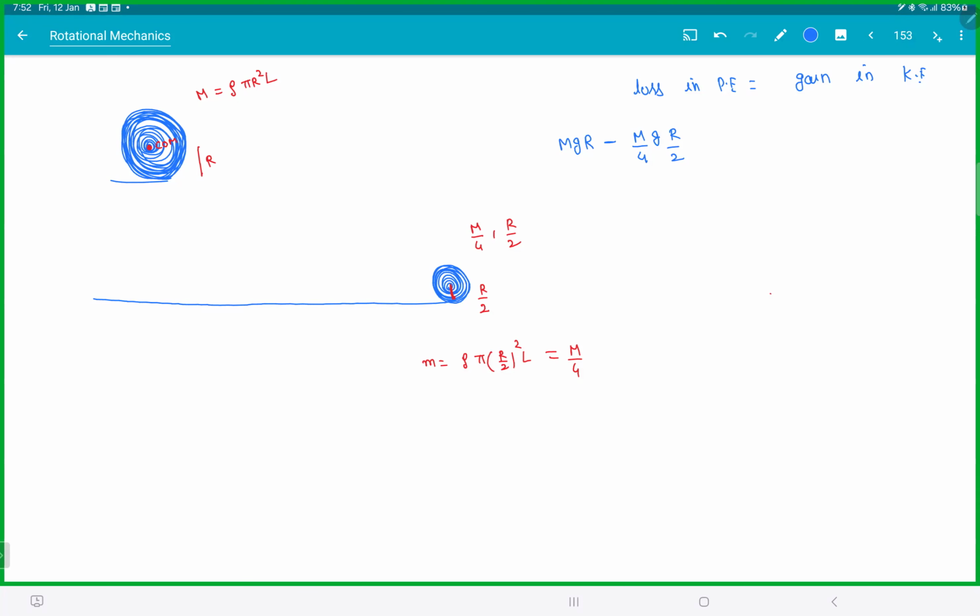So mgr minus m by 4 g r by 2 is equal to half into m by 4 v square plus half I omega square, where I will be like a disk: m by 4 into (r by 2) whole square by 2. And don't forget the no slipping condition: V is equal to r by 2 omega. It's a solid cylinder, a disk. And remember, V is not equal to R omega. V is r omega by 2 because the radius has become half.